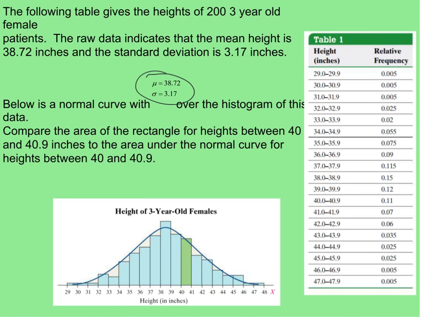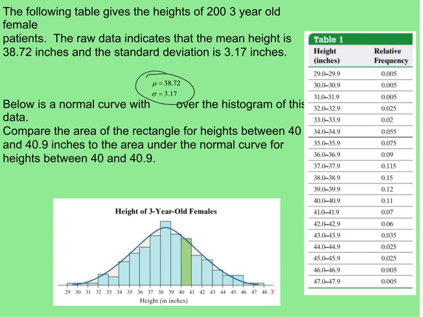At the bottom here we also have a normal curve laid on top of a histogram. If I take the mean of 38.72 and standard deviation of 3.17, that generates this blue normal curve. 38 is in the center, and then add the standard deviation and you go out here, subtract the standard deviation and you go out there. In your calculator, type in 38.72 plus 3.17: 38, 39, 40, 41, almost 42, and that puts me about there for 1 standard deviation above.